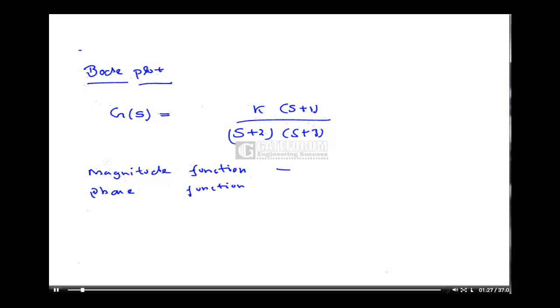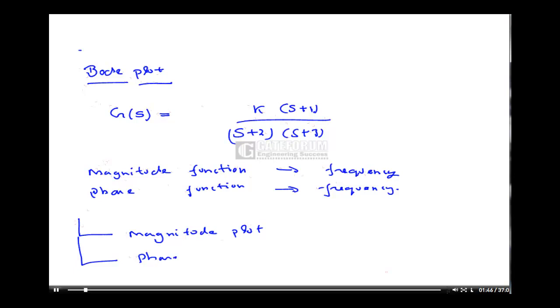Both these are functions of frequency. So now the Bode plot is further subdivided into two plots: one is the magnitude plot and the other is the phase plot.